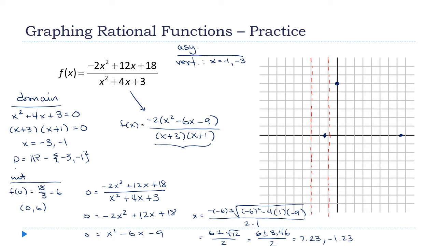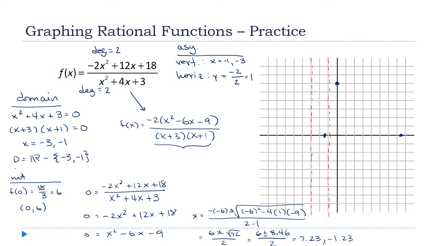How about horizontal? For horizontal, we compare degrees. The degree of the numerator is 2. The degree of the denominator is 2. So the horizontal asymptote occurs at y equals -2, that's the leading coefficient in the numerator, divided by 2, that's the leading coefficient in the denominator.